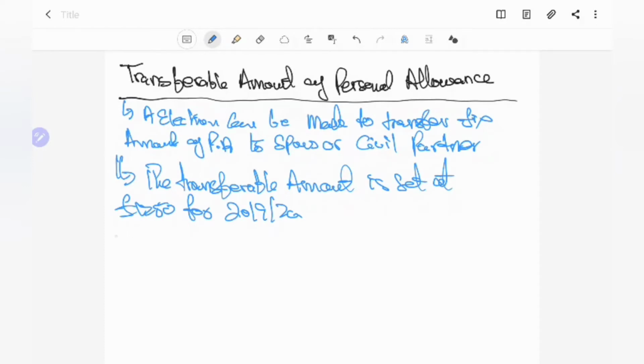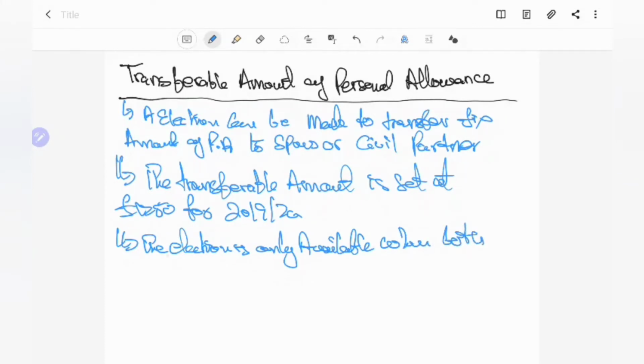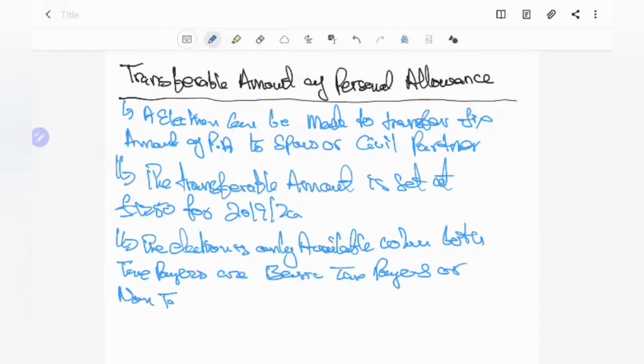The election is only available when both taxpayers are basic rate taxpayers or non-taxpayers.